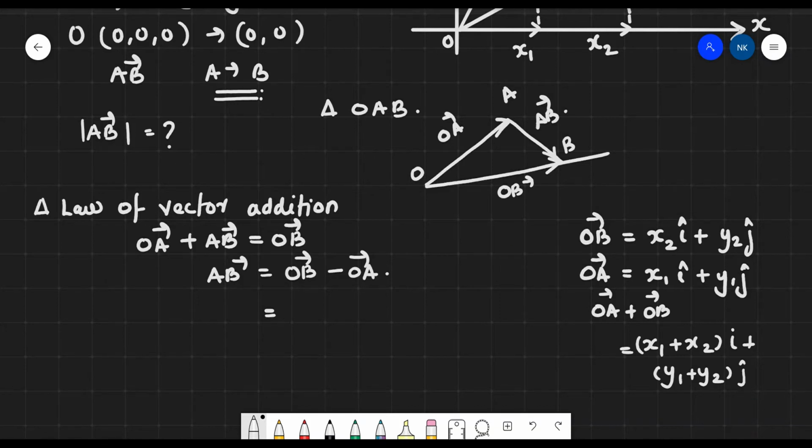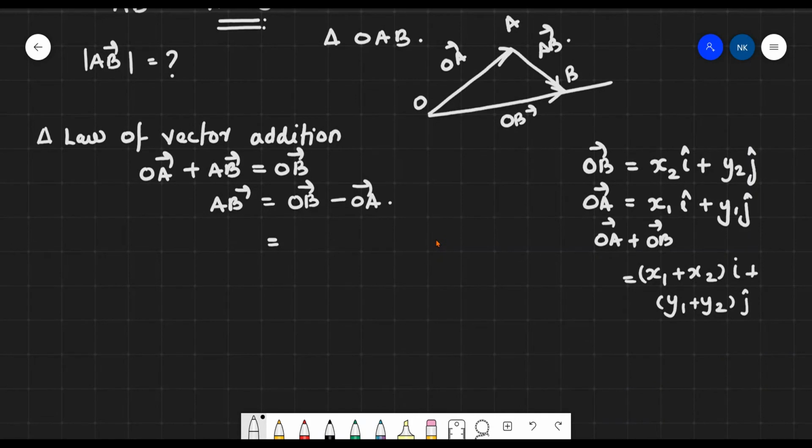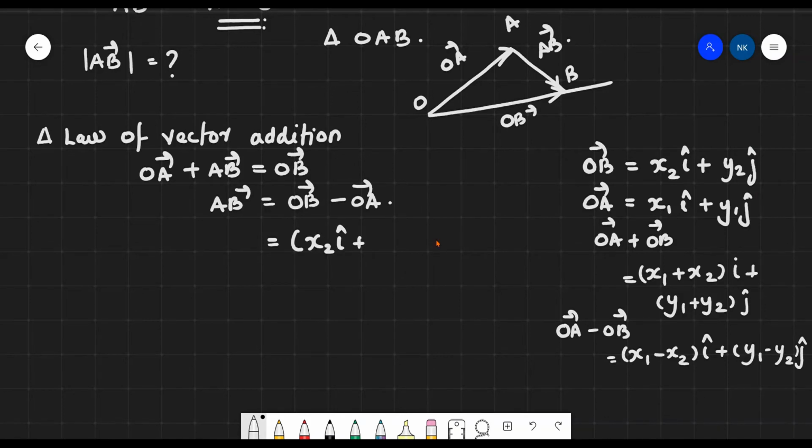Now if we need to subtract OB from OA, that is OA vector minus OB vector, here it is going to be x1 minus x2 i cap plus y1 minus y2 j cap. So here what was OB? OB was x2 i cap plus y2 j cap.